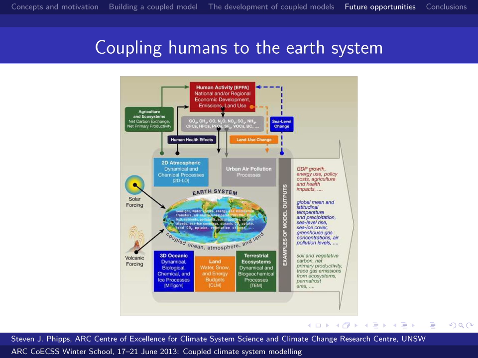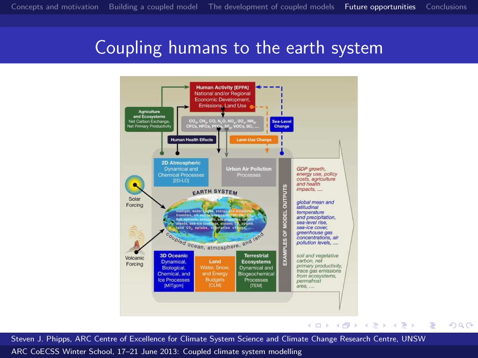So here's a diagram from the US, a conceptual design for a coupled climate system model that incorporates not just everything we've seen, like atmosphere, ocean, land surface, ecosystem, all that stuff, but also includes models of human activity, agriculture, ecosystems.